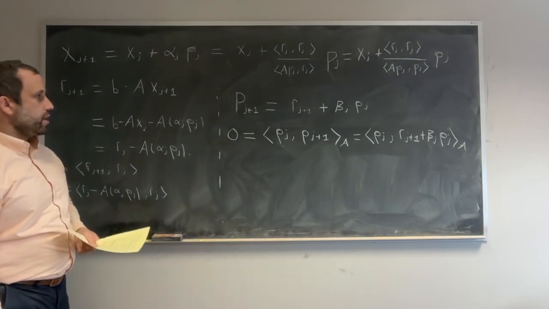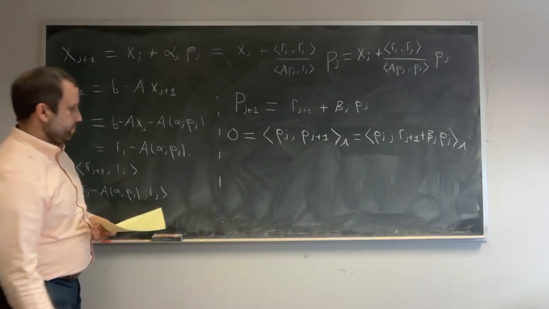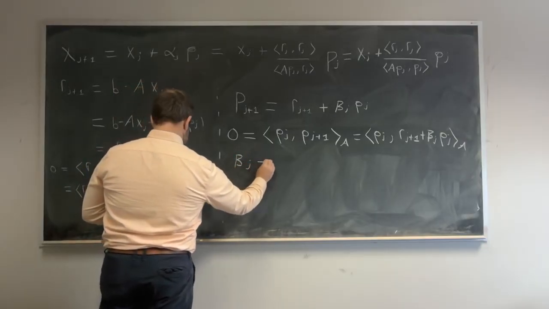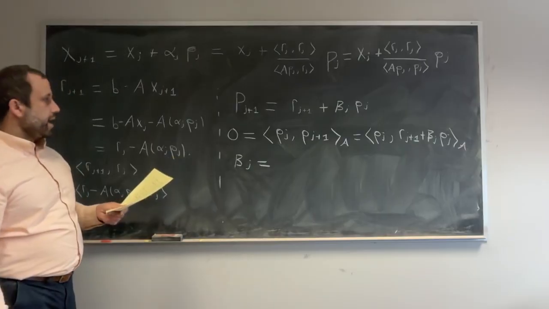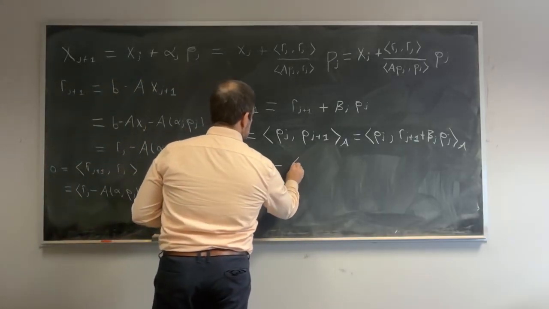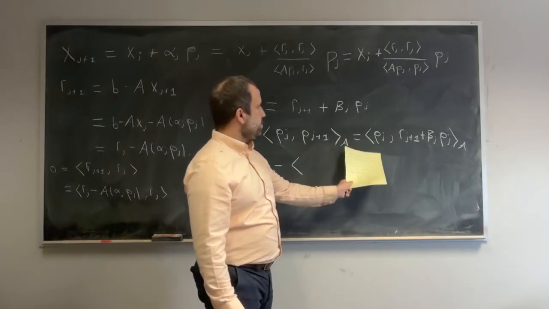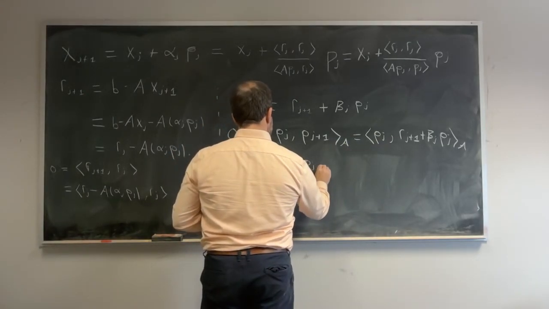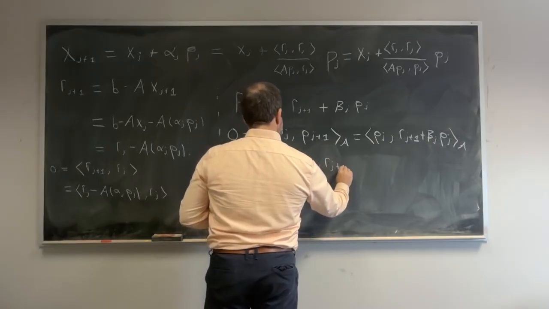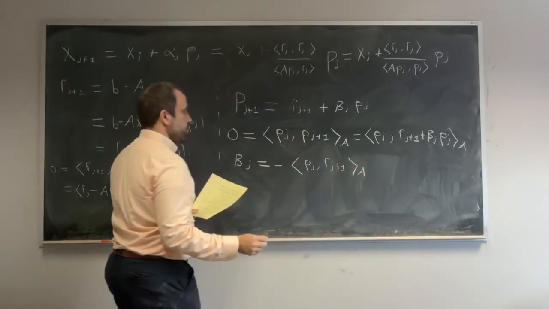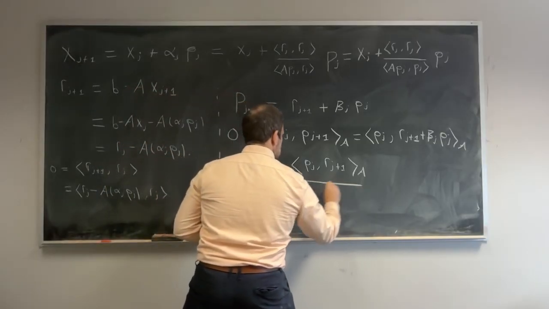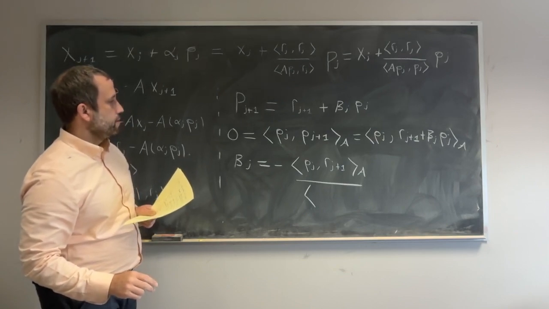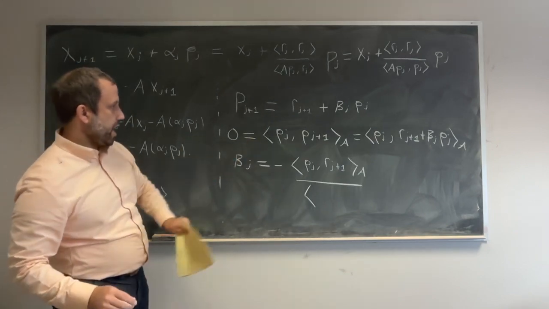So notice what I can do here. I can solve this for beta_j. And I'm going to get that beta_j is going to be equal to minus p_j, r_{j+1} in the A inner product, divided by p_j, p_j in the A inner product.